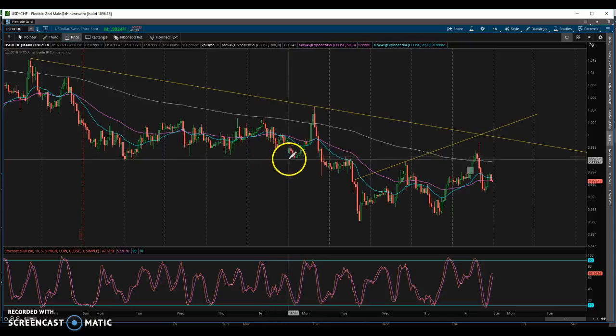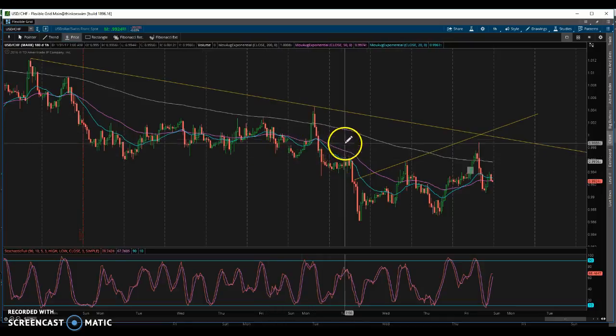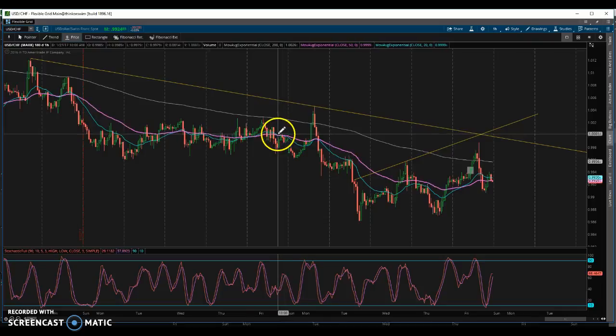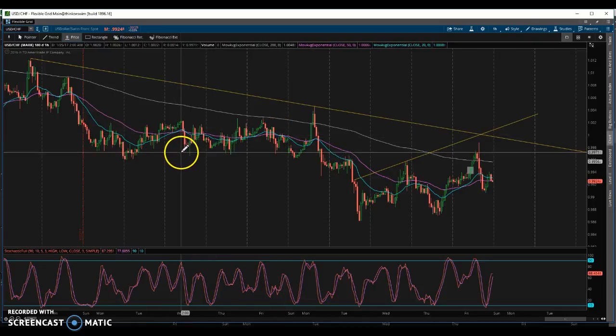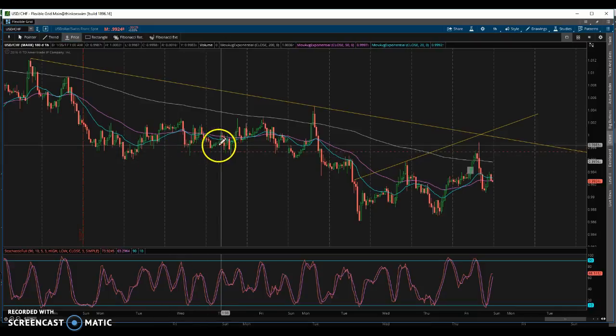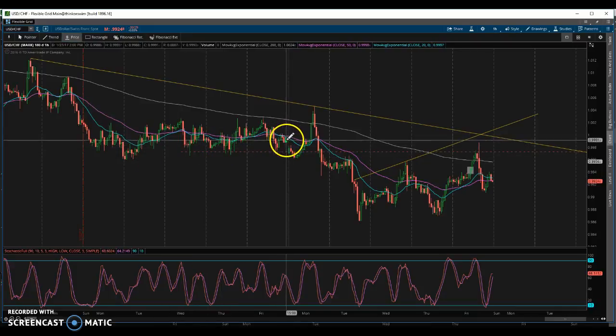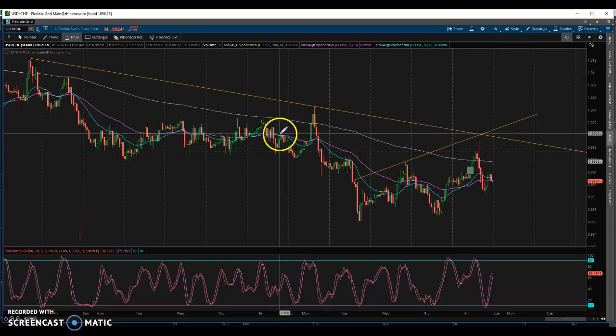We have some little structure levels, and previous structure kind of in through here. A little level there. I wouldn't have entered here.